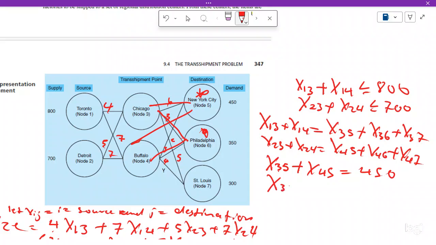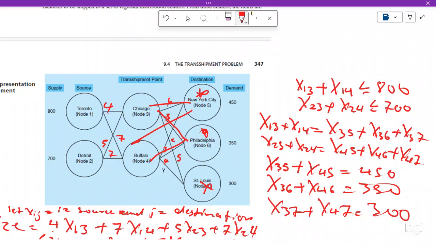So it's x36 plus x46 equals 350. Then you come here: x37 plus x47 equals 300.